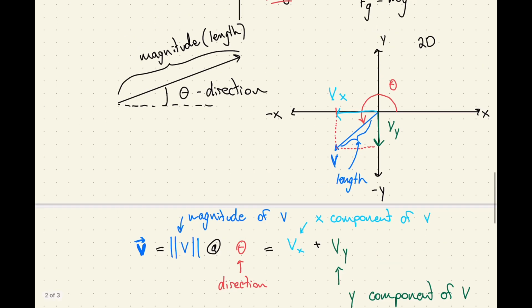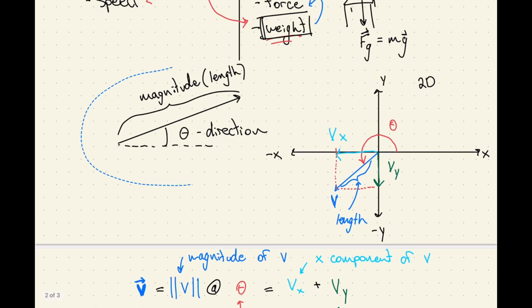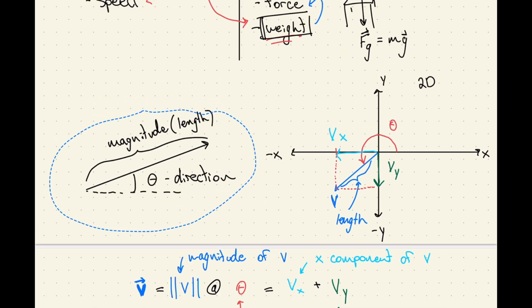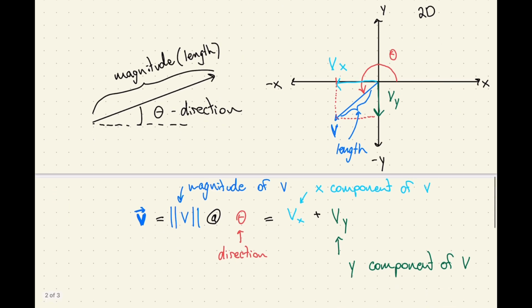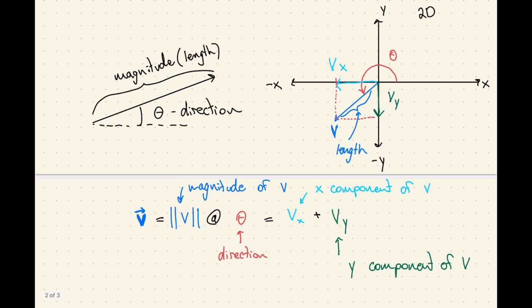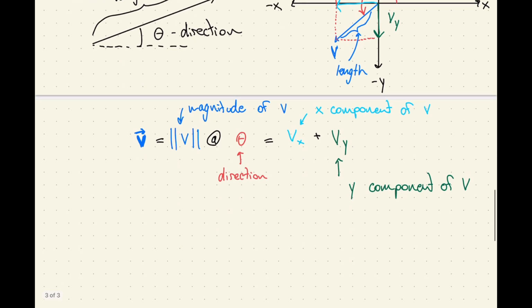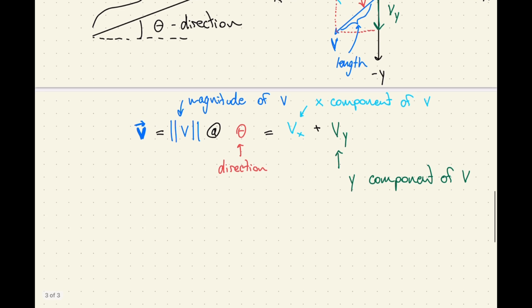I guess the third way would be looking at it using this picture right here with the length and the direction. You could literally think of a vector as like a pencil pointing in a specific direction, or your finger, or any kind of directional object. Over here, I've written kind of the mathematical version of looking at it. You literally write the length of the vector at a given direction, or you can write the components like this.